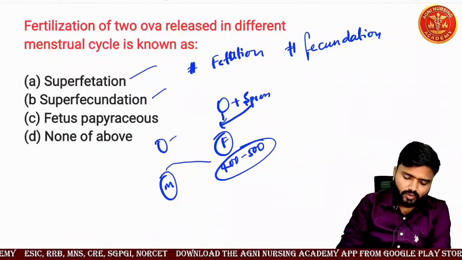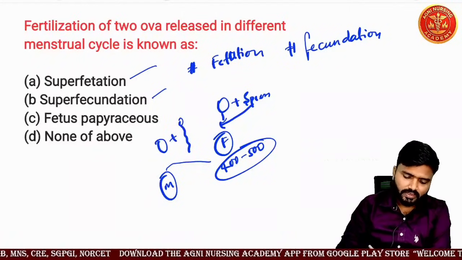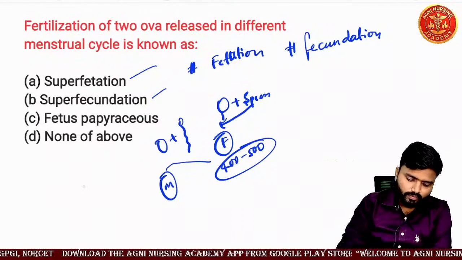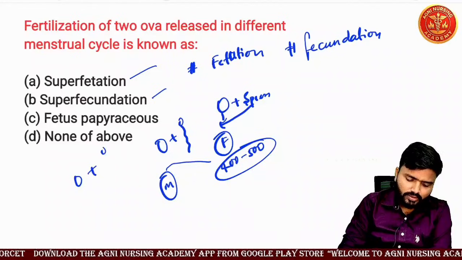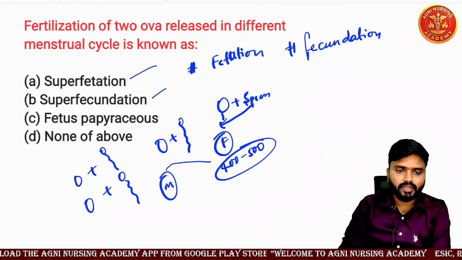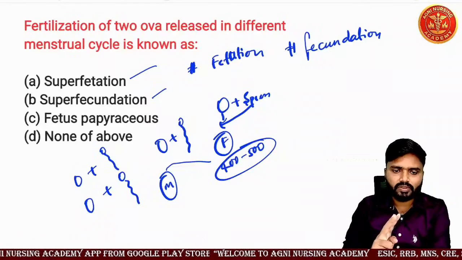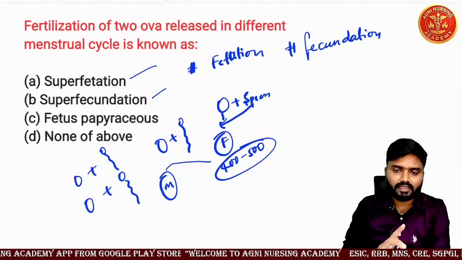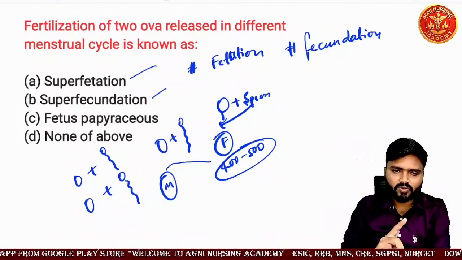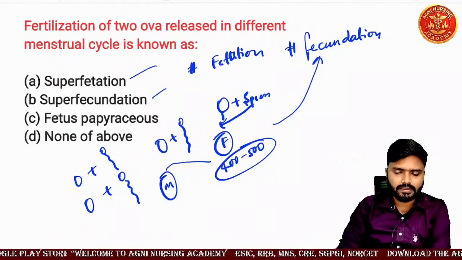One egg will contact one sperm; this is the normal phenomenon. If, in the same menstrual cycle, one egg plus one sperm and another egg with another sperm cause double fertilization, with only one menstrual cycle involved, that is called superfecundation.